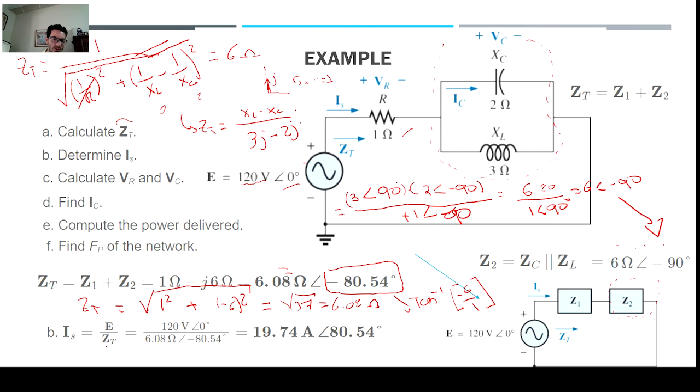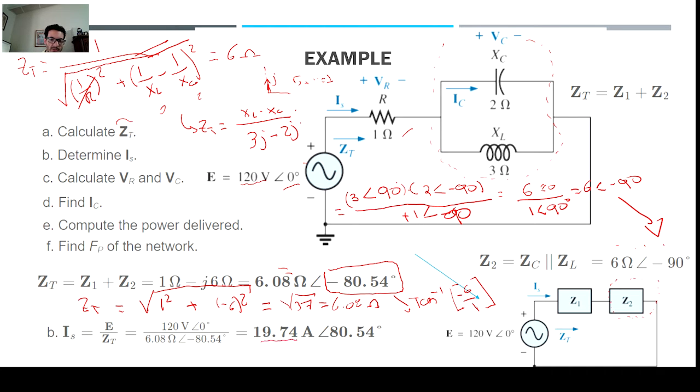And in that case, we'll simply do the current equals the voltage, which is 120 volts with 0 degrees offset, and the total impedance, which is 6.08 ohms at a negative 80.54 degrees. So we simply do 120 divided by 6.08.